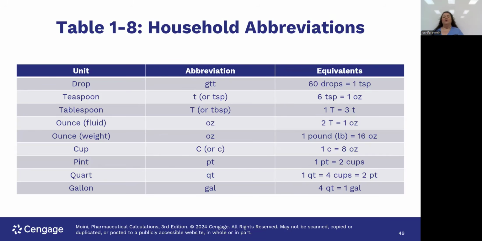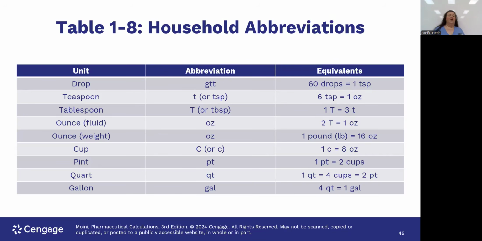So 2 tablespoons equals 1 fluid ounce. When it comes to an ounce weight, that is abbreviated just OZ, and 1 pound contains 16 ounces.